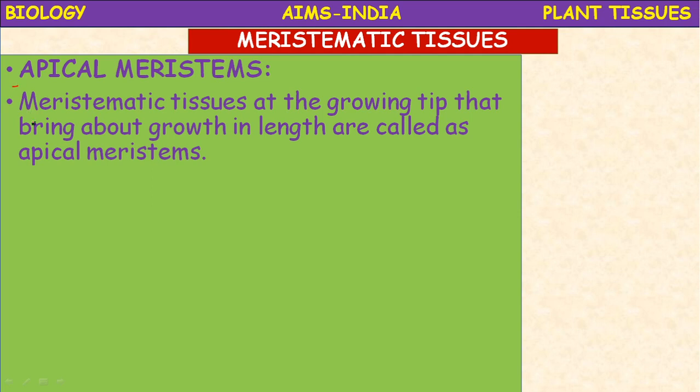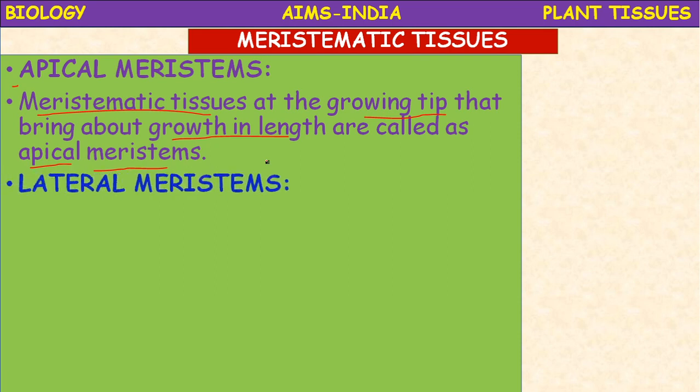Apical meristems are those meristematic tissues which are present at the growing tips and bring about growth in length. Means tip of the stem, tip of the root possess apical meristems.